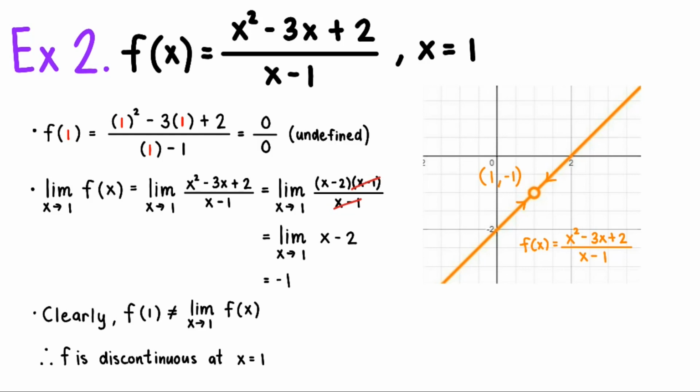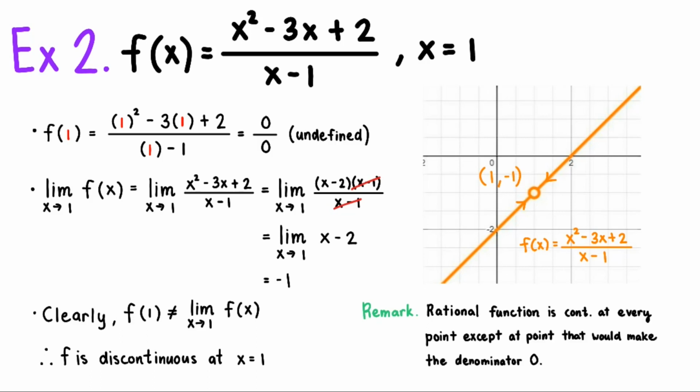So I hope you got that one correctly, and take note that as a remark, rational functions are continuous at every point except at the point that would make the denominator 0, since this point that would make the denominator 0 is a point that is not part of its domain. In this case, that is x minus 1 equals 0, that will be x equals 1.